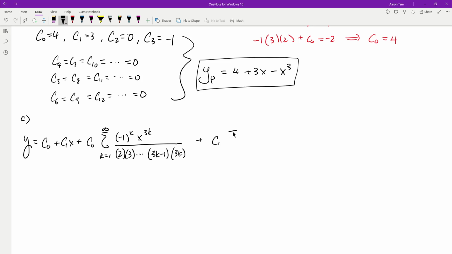Plus c sub 1 summation k from 1 to infinity, -1 to the k, x to the 3k plus 1, over 3 times 4, times 3k plus 1, plus my particular solution, 4 plus 3x minus x to the third.